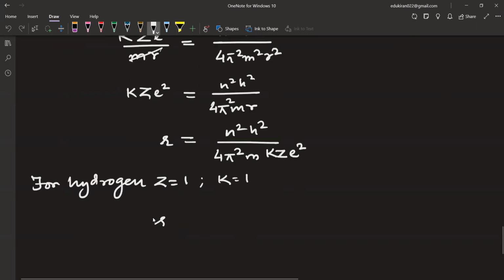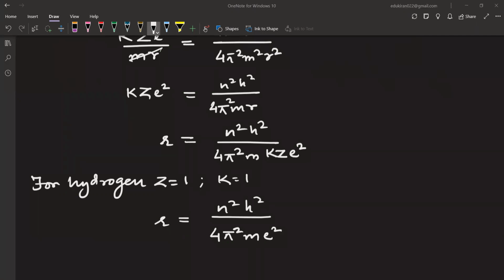And r will be equal to, for hydrogen atom, Z equal to 1, K always equal to 1 for whatever atom you take, so it will be n square h square upon 4 pi square m e square.